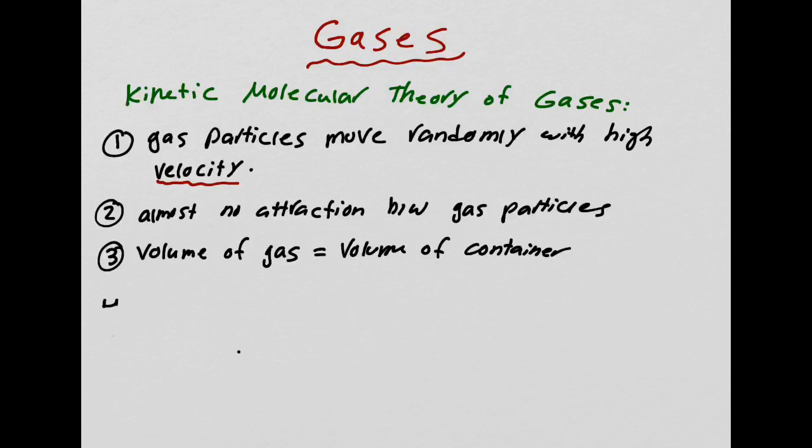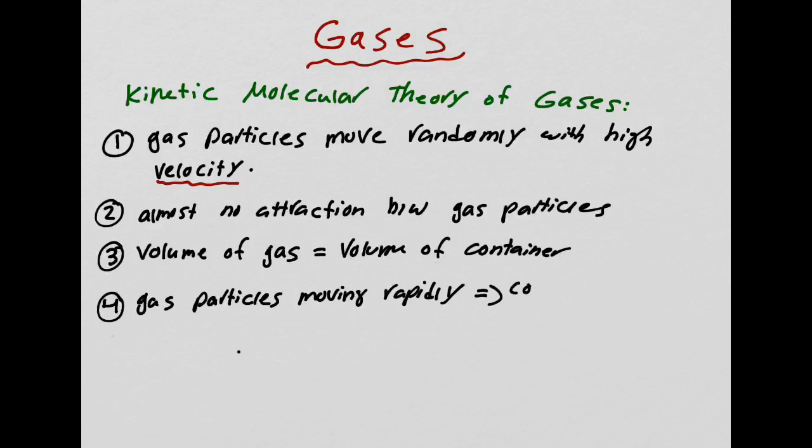Nice job. Now, let's go to number 4. What it says is, gas particles are constantly moving rapidly, and we talked about this already. Now, sometimes when you're moving rapidly, what happens is you will collide.